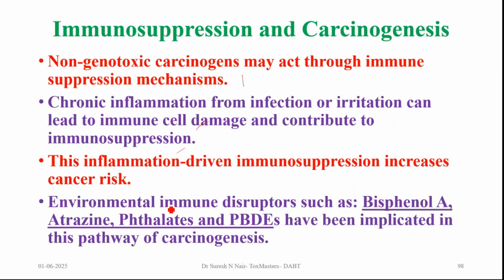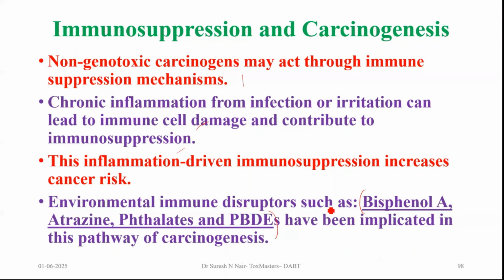Okay, then apart from the immunosuppressant drugs, bisphenol, atrazine, and phthalates are all responsible for the development of carcinogenesis by this mechanism. But these agents do have some effect on the nucleus also. Or there can be some changes in the DNA. The classical immunosuppressant drugs generally will not affect the DNA.